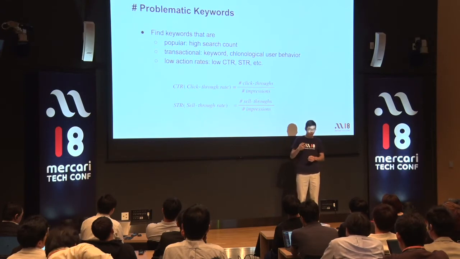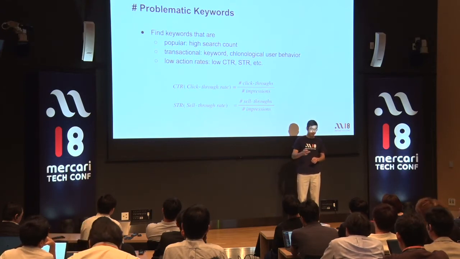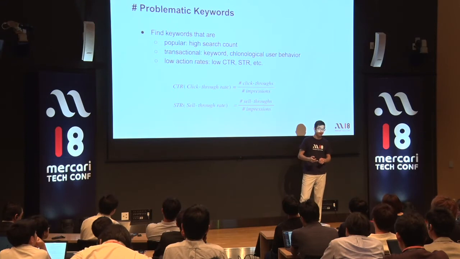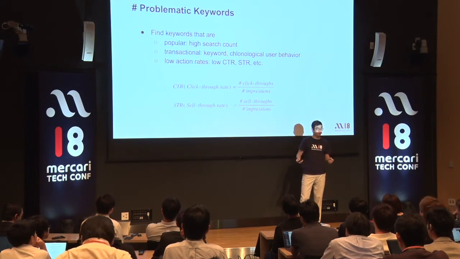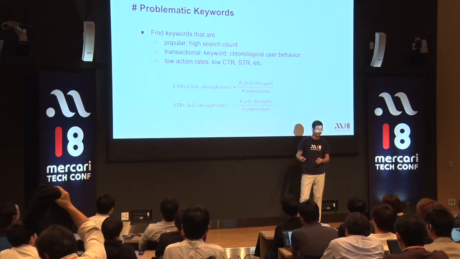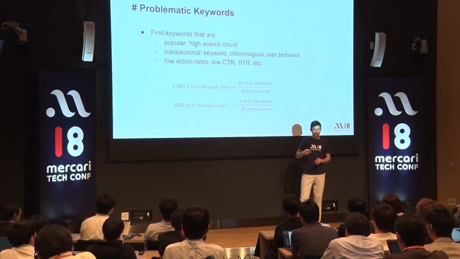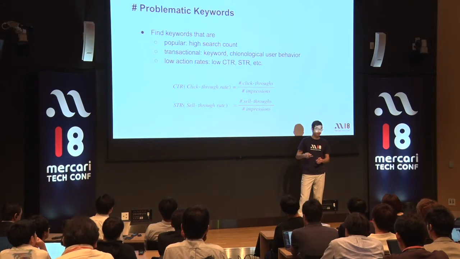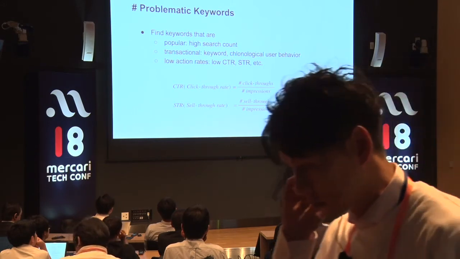And that's how we find keywords that are transactional. And the last one, finding keywords that have a low action rate, we just look at the metrics that we use, such as click-through rate and sell-through rate. And they just mean how many items users click or purchase from their search results.